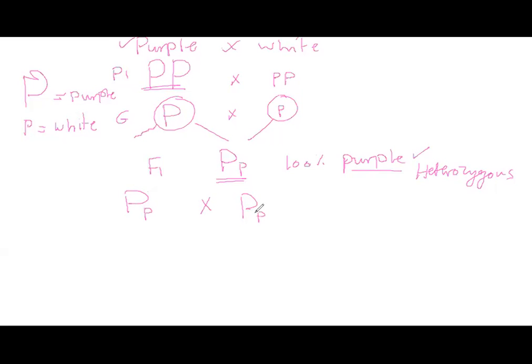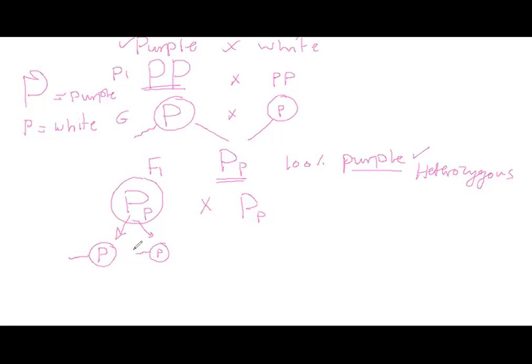Once we form gametes, what are the possibilities that the first parent could provide? Once this parent starts to form gametes, it may provide a gamete that contains P capital, or a gamete that contains P small, because gametes always split or divide the genetic material.